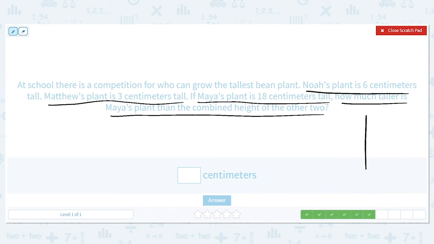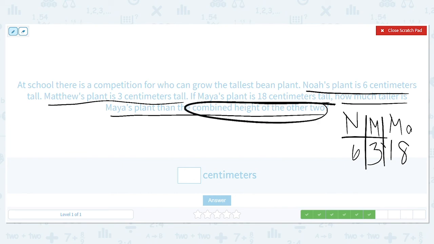Okay, so we have Noah's plant, which is 6, Matthew, which is 3, and Maya's, I'm putting MA for Maya, is 18. We need to know how much taller Maya's plant is than the combined height of the other two.